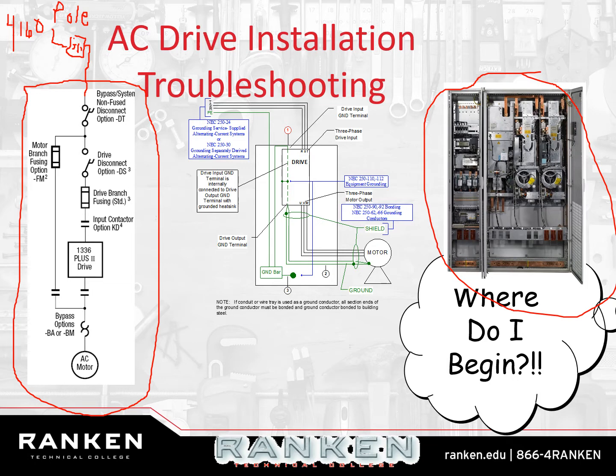Ultimately, we end up on the three-phase panel, and we have a disconnect on your three-phase panel. We don't have fuse disconnects, but you would sometimes have a fuse disconnect, sometimes not. That could be optional. So let's run down through this and see what we got. The first disconnect or bypass system is so I can shut down the entire circuit.